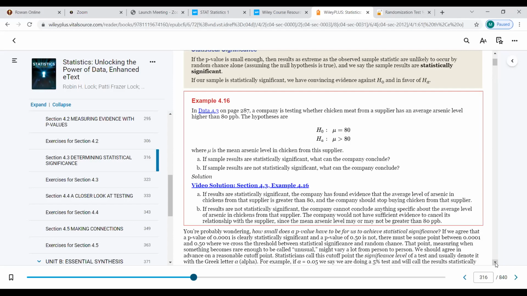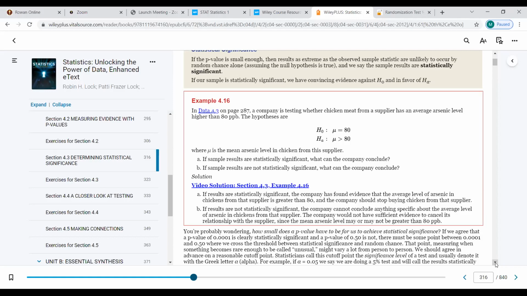If the arsenic is 80 parts per billion or greater, they're going to say to the supplier, we're not dealing with you anymore. You put too much arsenic in there. If it's not greater than 80, it's considered satisfactory. Now, the thing is, you could get samples of chickens where the sample mean is greater than 80, but you want to determine if it's significantly greater than 80.